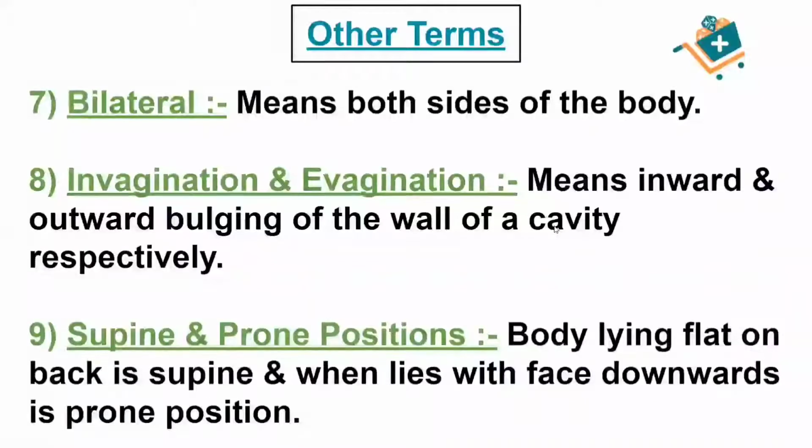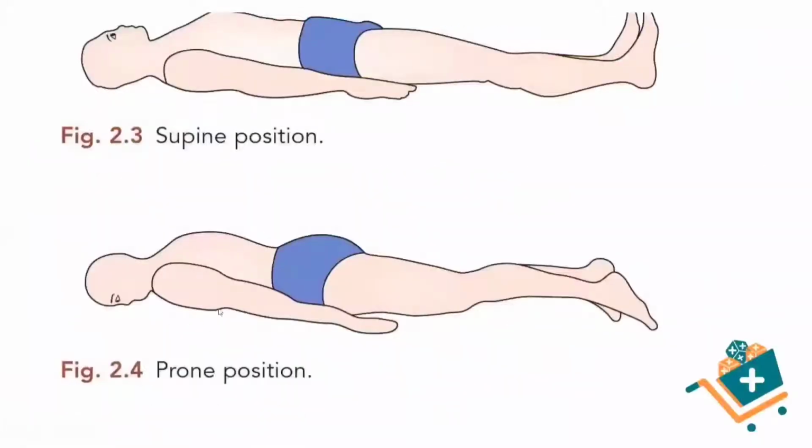Supine and prone positions. Supine means the body is lying flat on the back, and prone means the body is lying face downwards. This is the supine position, with the back below. When the body is lying flat but the back is above and the anterior portion of the body is below, that is prone position.